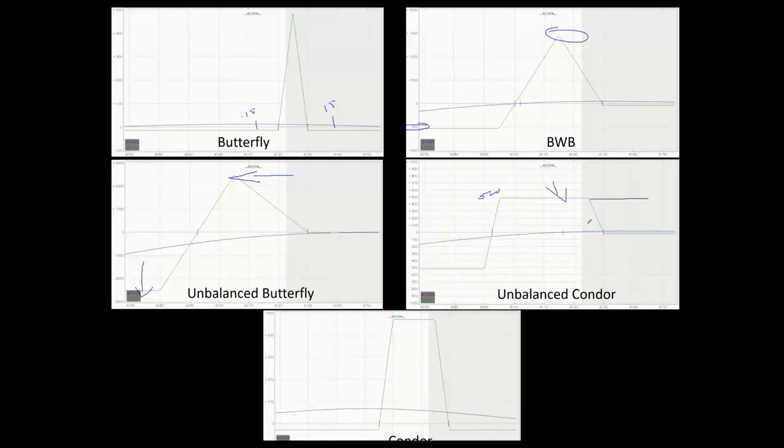I have $500 of profit potential. On the BWB, that's the $500 line. The unbalanced condor has this additional amount of room to make $500. They both had the same amount of risk, but the BWB can make an extra $1,000 if we close near 41.15. And our costs are about the same.